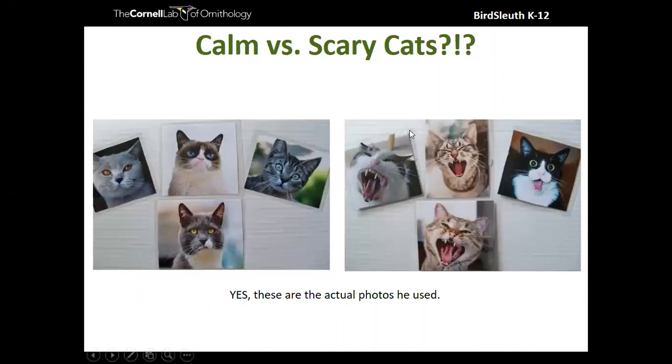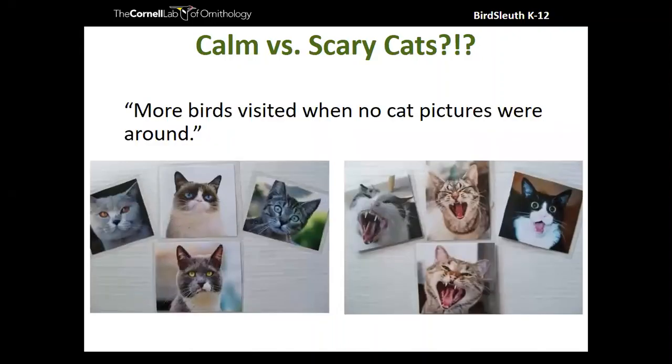Now, I'm not sure I would consider grumpy cat necessarily a calm cat image, but these are the actual photos that he used for his experiment, and he wanted to see if these photos of a calm versus a scary cat would impact birds or not. He did find with this experimental study that more birds visited when there were no cat pictures around compared to either the calm or the scary cats.